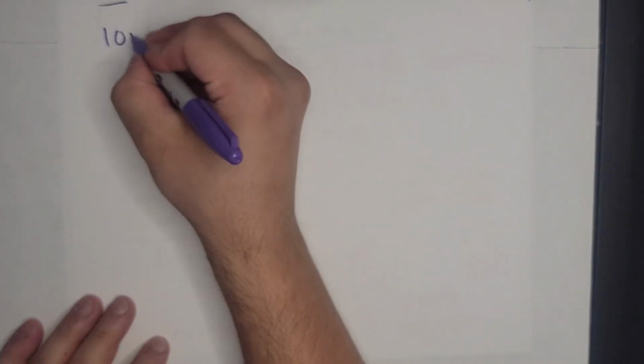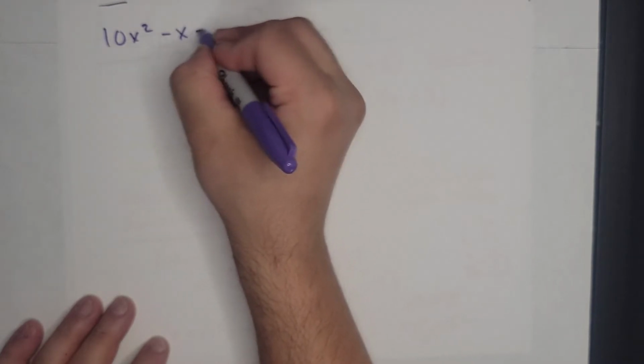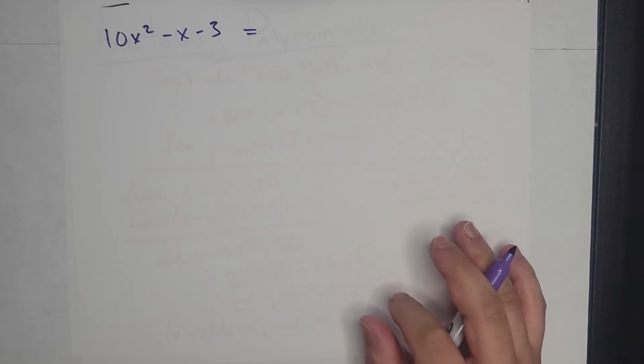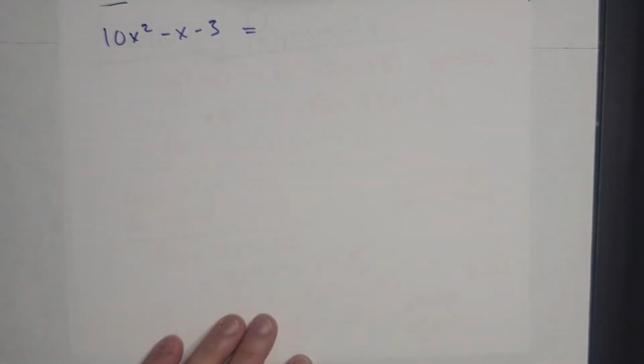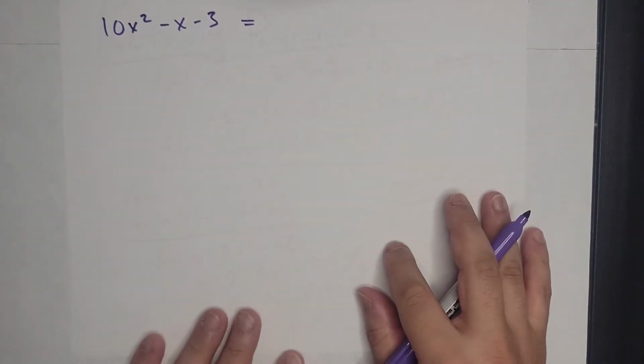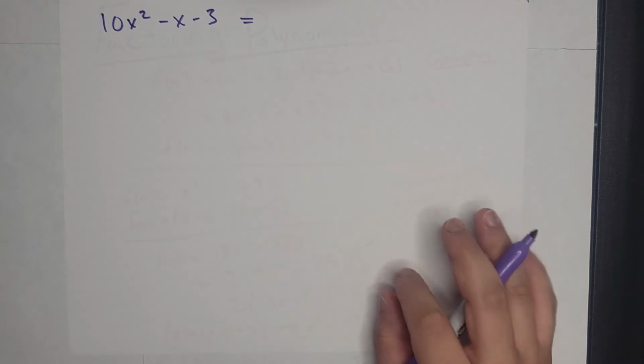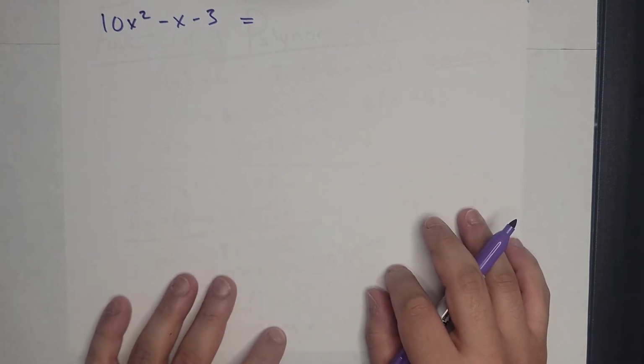Let's continue. Let's do another one. So, how can we factor that? And there are several ways to go about this, but in this case, we're going to do something called splitting the middle term.